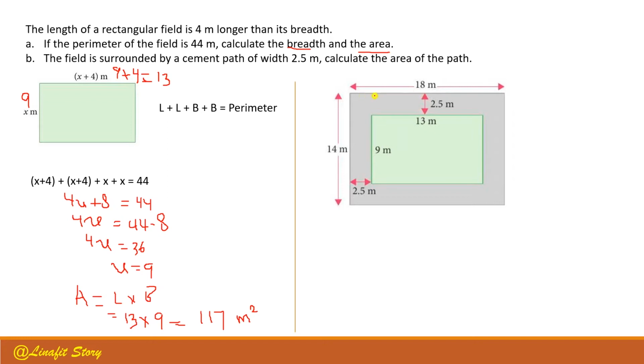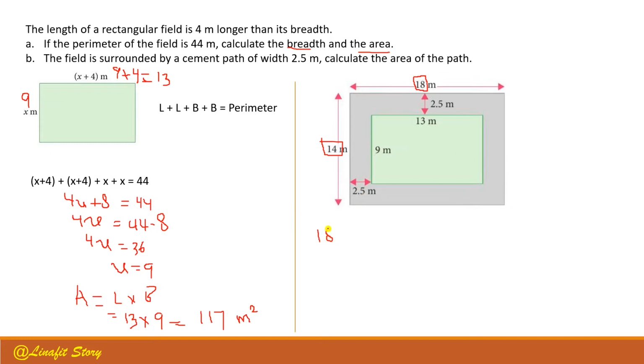So the total length is 13 plus 2.5 plus 2.5 is equal to 18. And the total breadth is 9 plus 2.5 plus 2.5 is equal to 14. So to get the area is length times breadth.